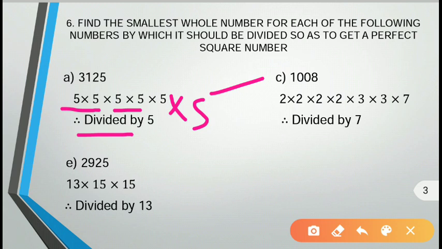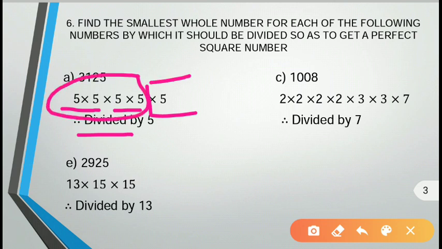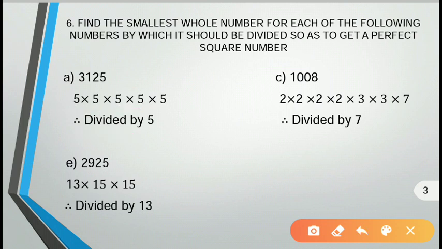But it is asking to divide. So if you eliminate this 5, this will become a perfect square because the others have their pairs. 5 does not have a pair, so you eliminate the 5. That means you need to divide it by 5.